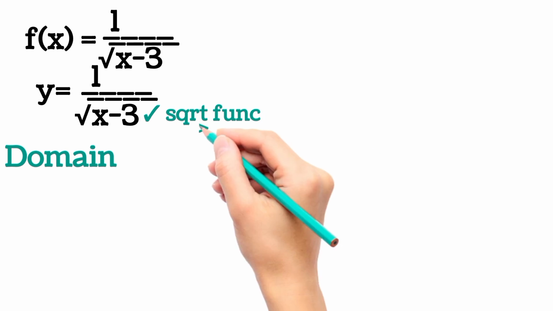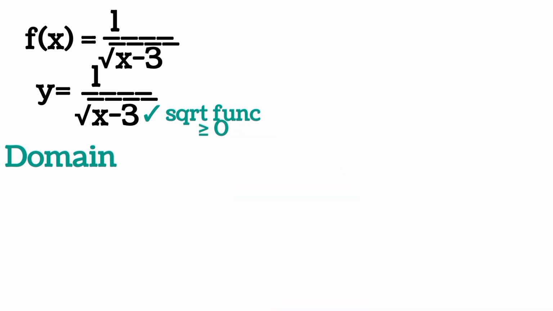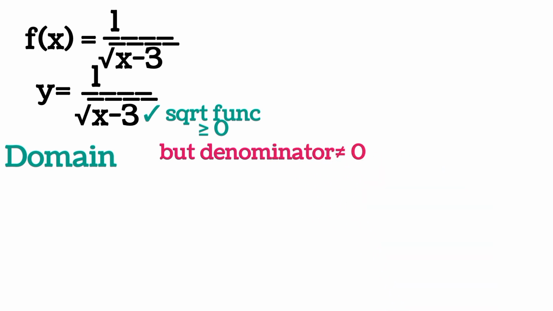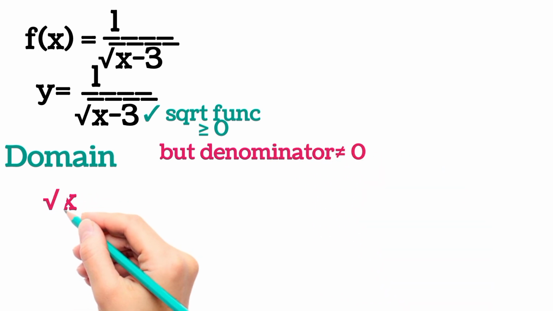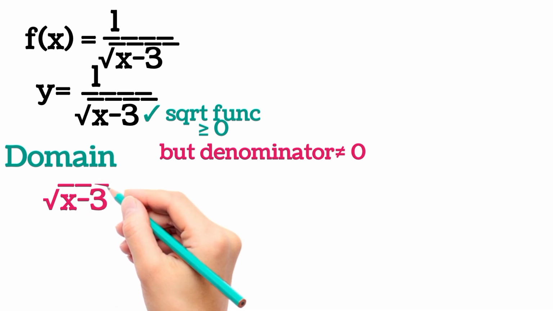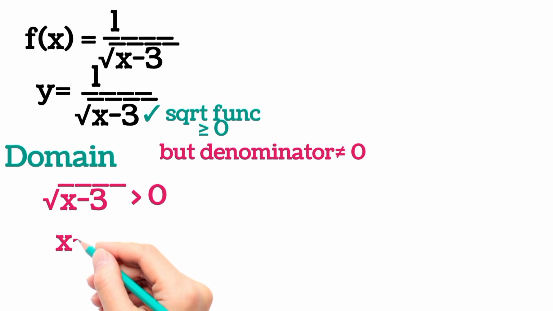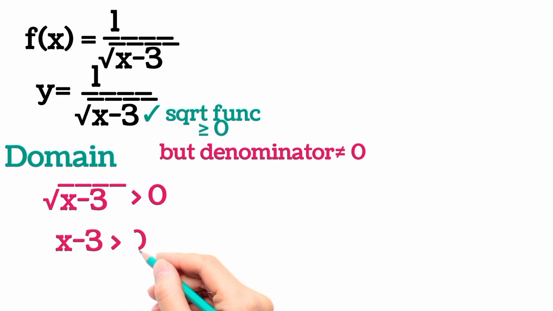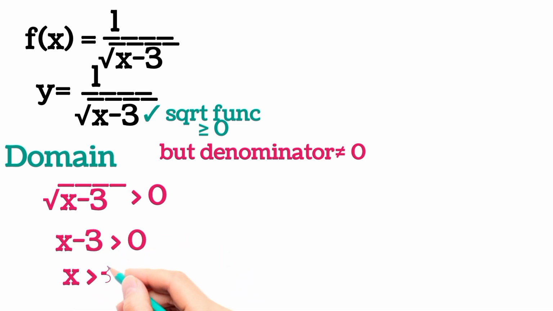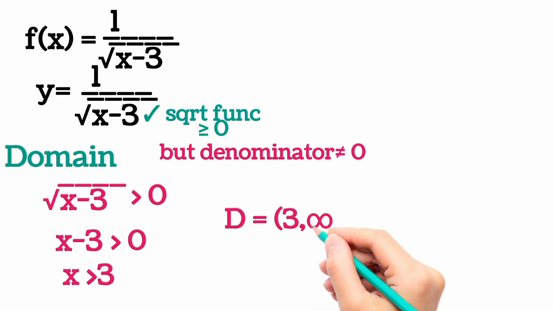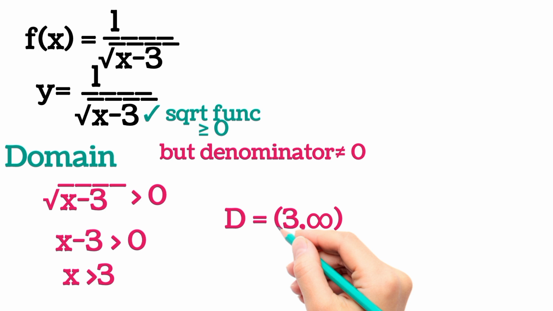So this expression must be always greater than or equal to 0, but it is also in denominator, so it can't be 0, otherwise it will become undefined. So square root of x minus 3 should always be greater than 0. That is x minus 3 should be greater than 0. That is x should be greater than 3. So domain of this function will be (3, infinity), where 3 is not included.